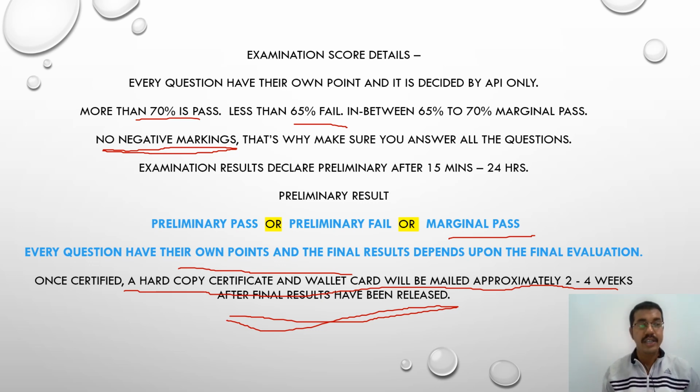Then within 6 to 8 weeks you will get your final result, and once you get it, within 2 to 4 weeks you will get your certificate. So that's all about the APA courses: how you apply, what you need to read, how the examination is conducted, what the marking procedure is, what results you can expect, and everything.